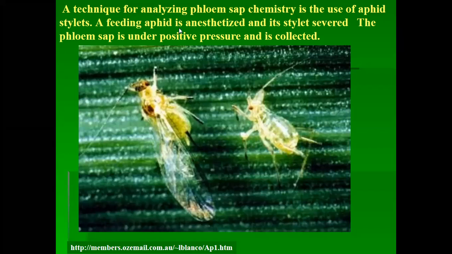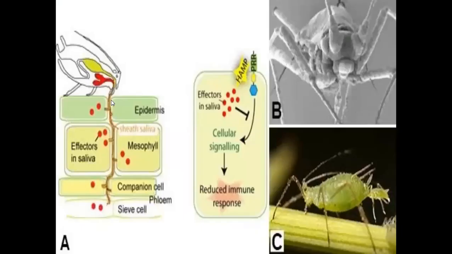A feeding aphid is anesthetized and its stylets severed. The phloem sap is under positive pressure and it is collected. The aphid insects only suck the juice from the sieve cells.